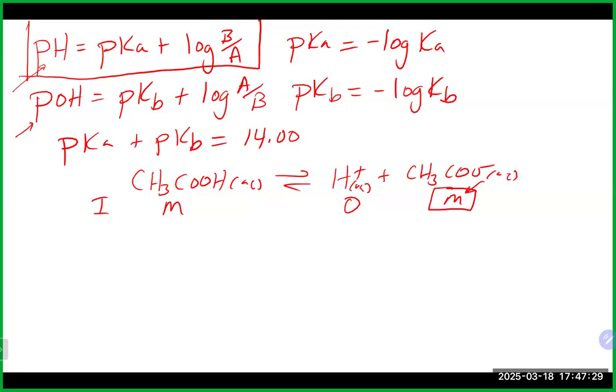Otherwise, as we talked about last time, if you zero this out, you're basically just doing a Ka weak acid problem and not a buffer problem. So you absolutely could still do an ICE table, solve it like we've solved any of the ICE tables before, and avoid the Henderson-Hasselbalch, or you could use the Henderson-Hasselbalch. They both should give you the same answer when it's all said and done.